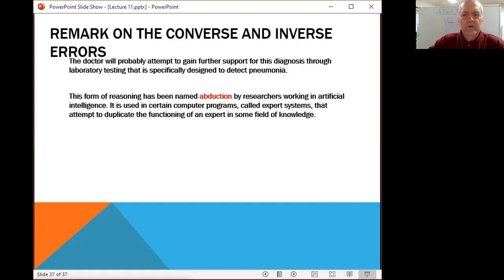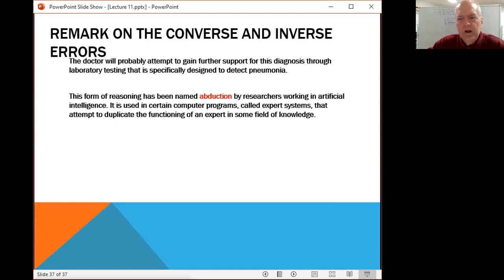This form of reasoning is known as abduction, and it's often used in expert systems in artificial intelligence. In the case of a medical expert system, the closer a set of symptoms comes to being necessary and sufficient for an illness, the more certain a doctor will be of the diagnosis.